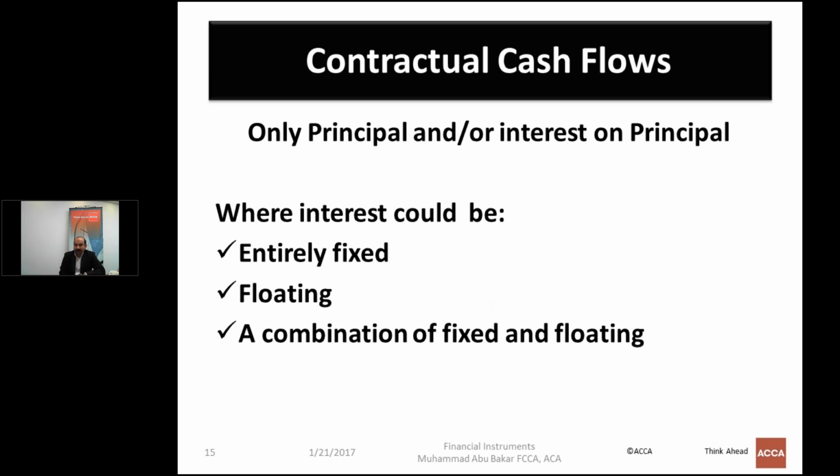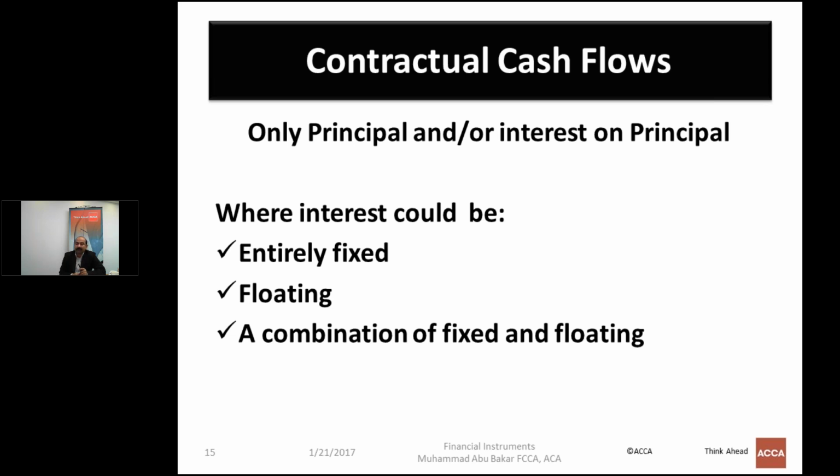There are a couple of examples where you will find that an instrument is fulfilling this criteria. Contractual cash flows attached to that instrument fulfilling this criteria, like a variable rate instrument with a stated maturity date that permits the borrower to choose to pay 3 months LIBOR for a 3 months term.